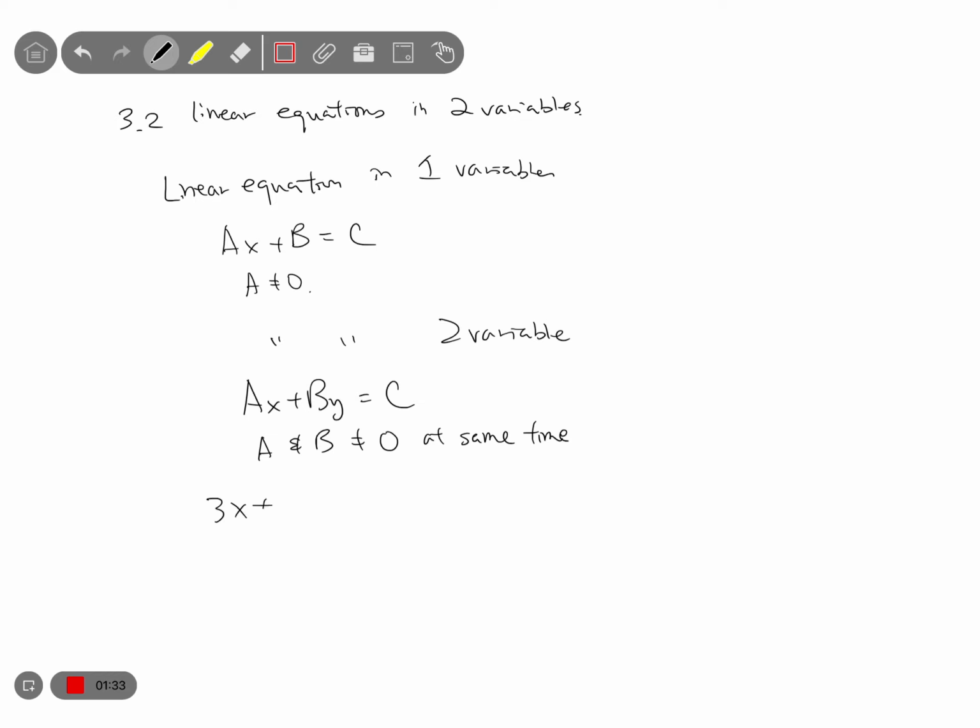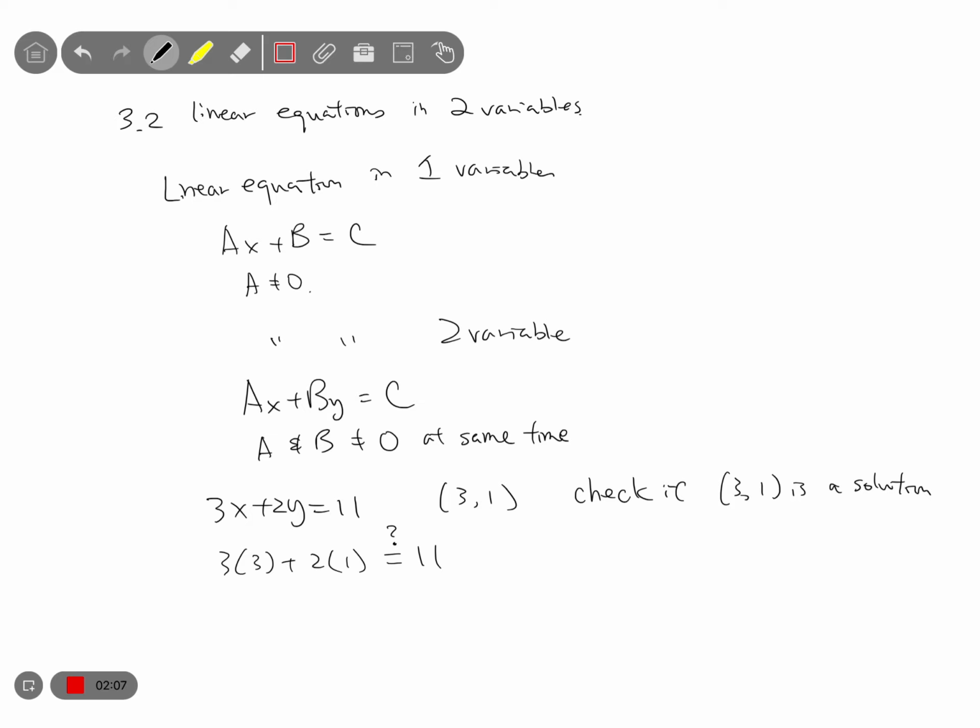So 3x plus 2y equals 11. We're given the point (3, 1), and we want to check to see if (3, 1) is a solution. If you remember, how do we check to see if a point is a solution? Well, we plug it in to see if it works. So x equals 3 and y equals 1, and I'm going to check to see if this is indeed equal to 11.